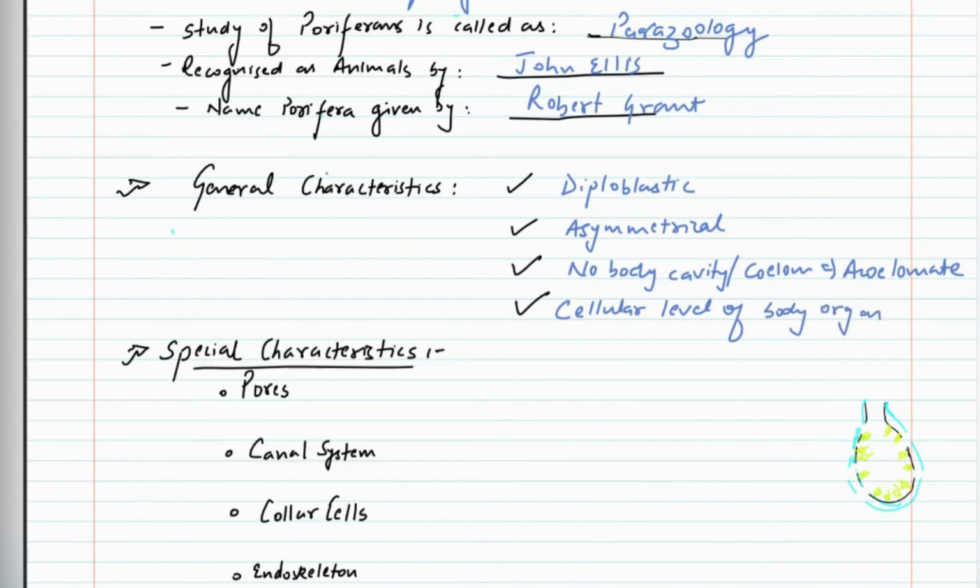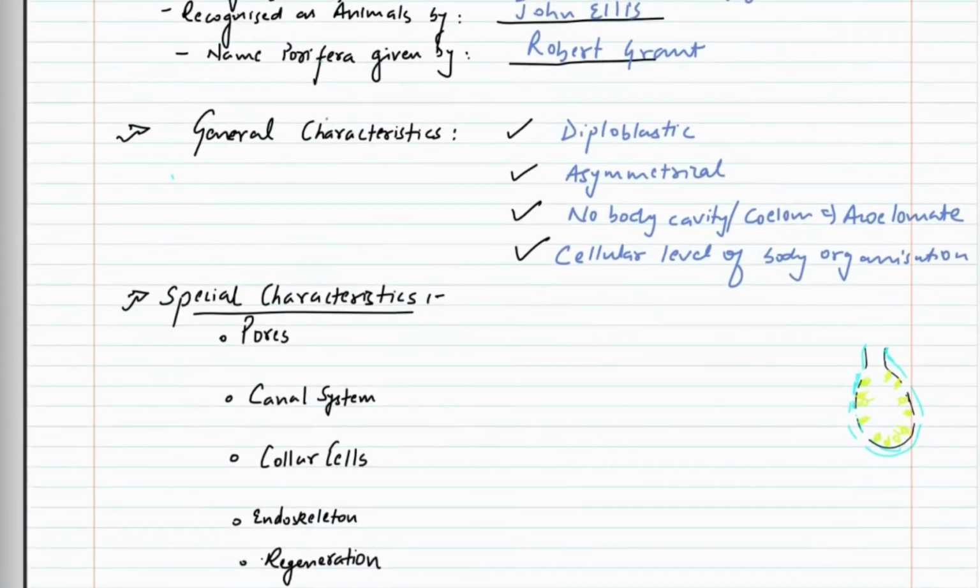Talking about the habitat, sponges are mostly aquatic, both freshwater as well as marine water.